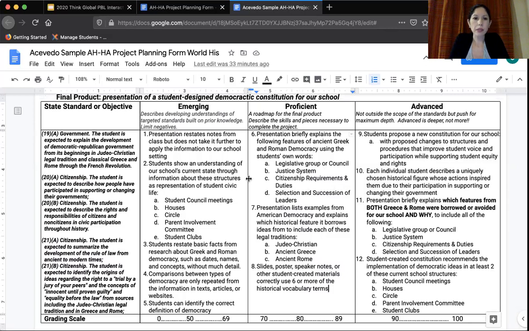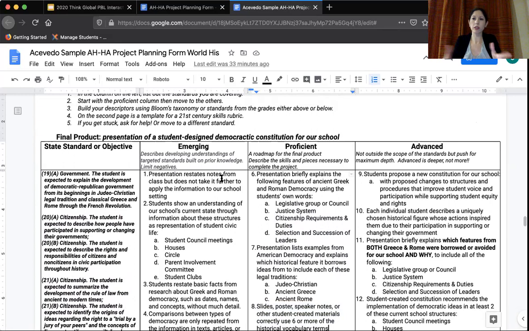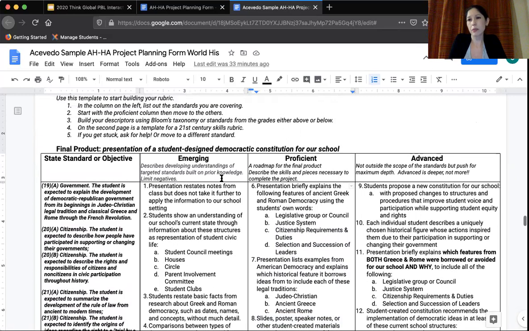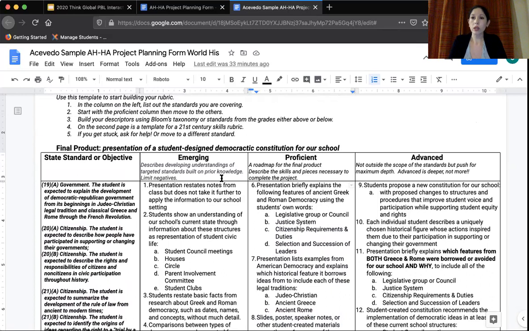And then I'm going to take a look at either before they came to me or before we did this project, what are some of the skills that I want them to come with? What is some of the content I expect them to have already learned? Or what are some of the things that I know that they typically will do when they're struggling?